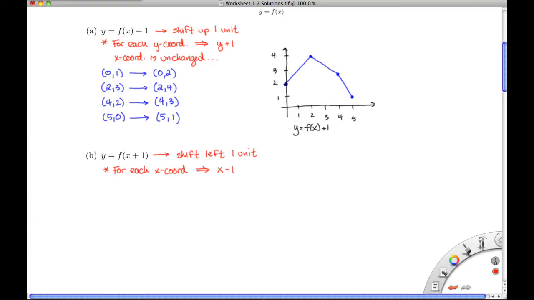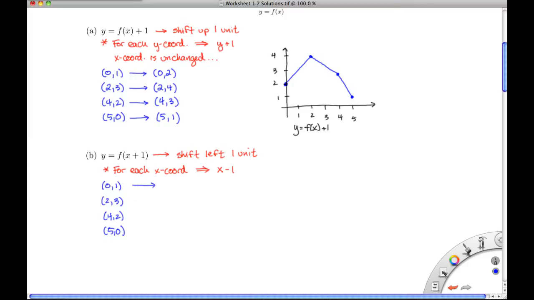So that's how we can actually transform the individual points. The y-coordinate will be unchanged. So let's go ahead and do the same thing that we did last time. We'll go ahead and name the points that were originally given. So 0, 1, 2, 3, 4, 2, and 5, 0.